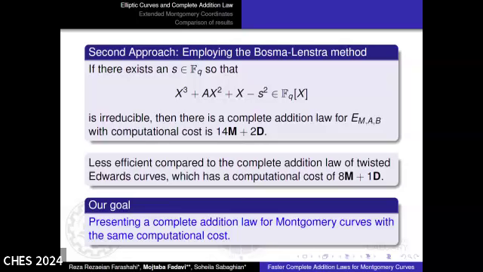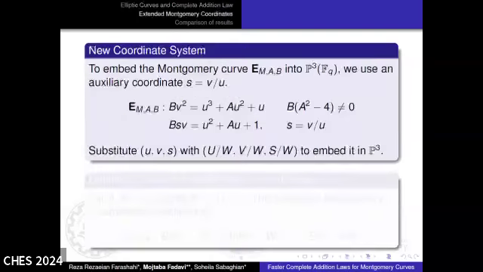Yeah. So as I already mentioned, we tried to find a multiplication-free map between Montgomery and twisted Edwards curves. To achieve this goal, we tried to embed the Montgomery curves into a projective space P3 instead of P2. This is the same method that Hisil et al. considered for introducing extended twisted Edwards coordinates.